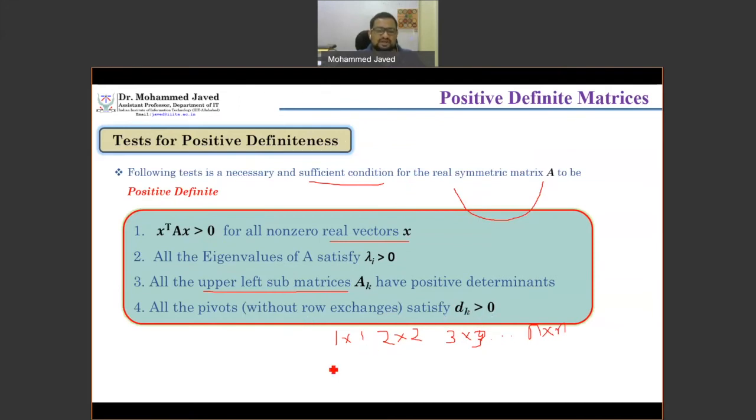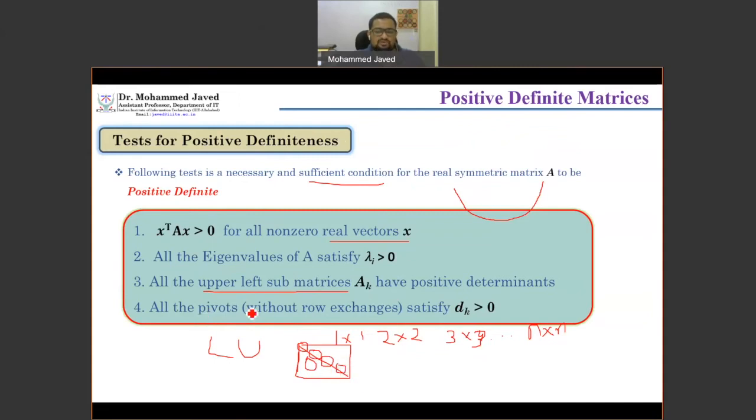To explain, you get pivots when you do LU factorization. Given a matrix, you try to eliminate and make the lower side 0, and every diagonal element, A11, A22, A33, A44, is a pivot element.